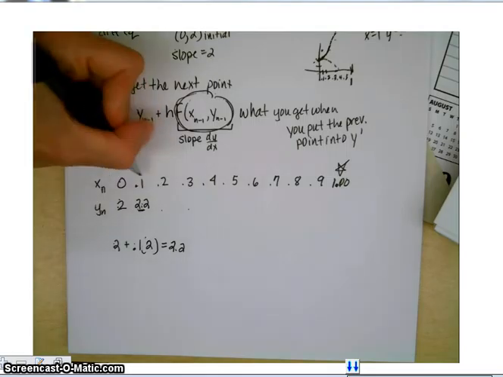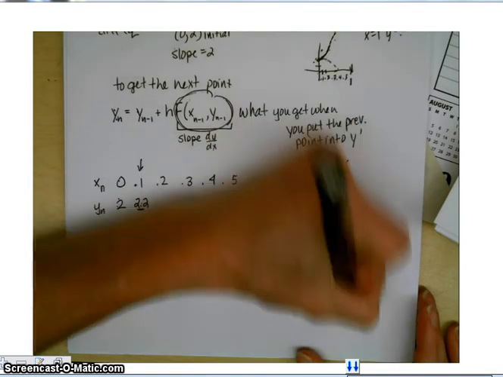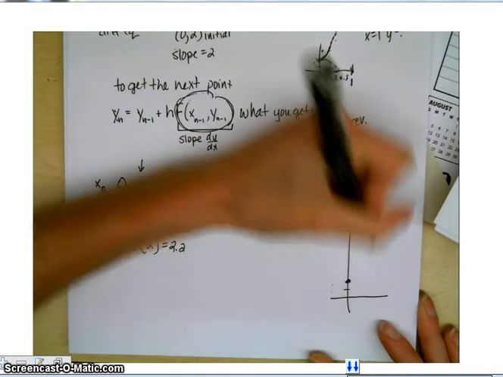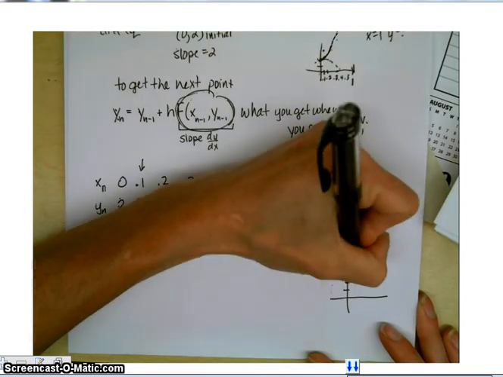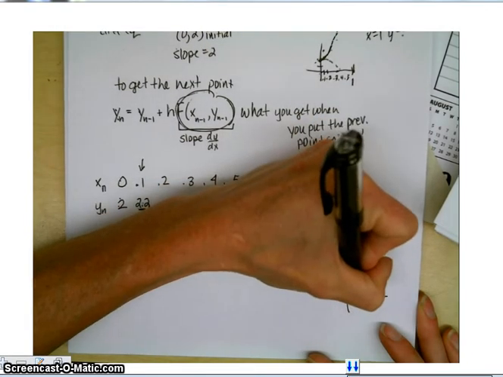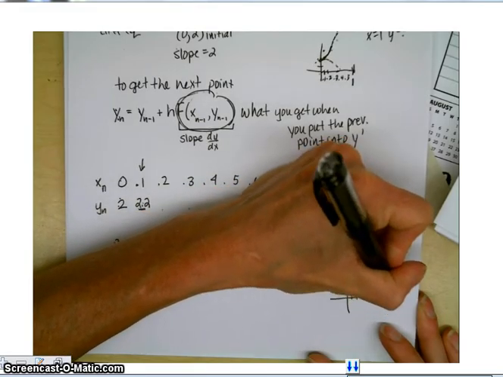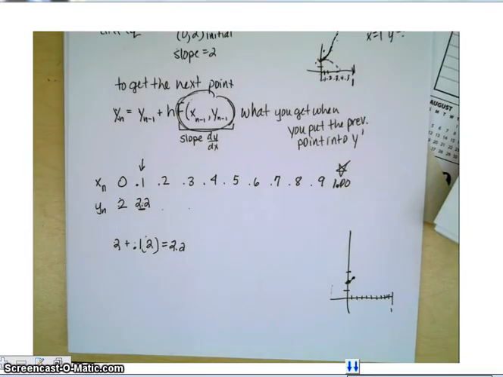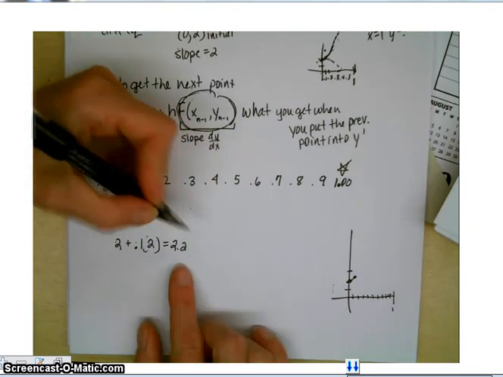Okay, so now I'm at this point. So I have moved from 0, 2 to 0.1, 2.2. So I've moved right there. So now I need to use that point. Okay, now I have a new ordered pair.